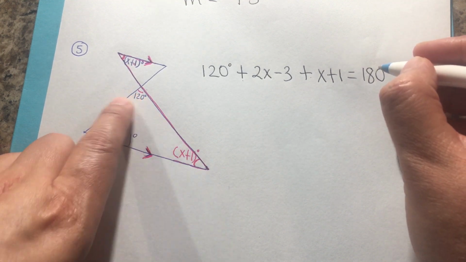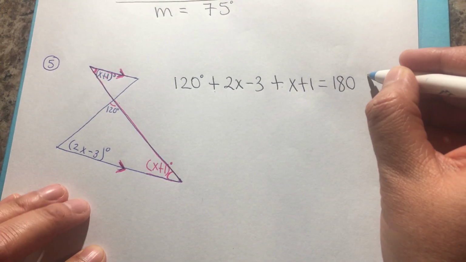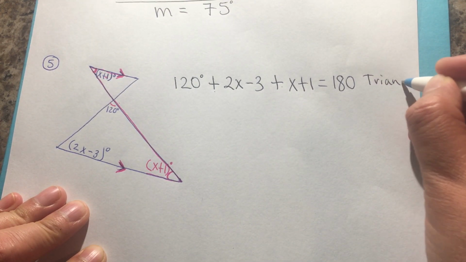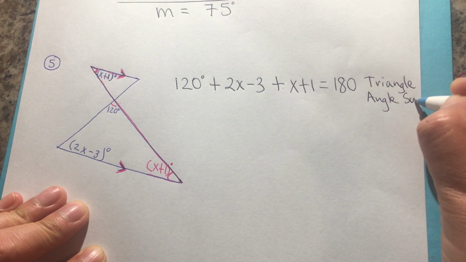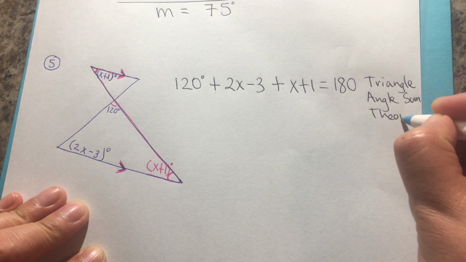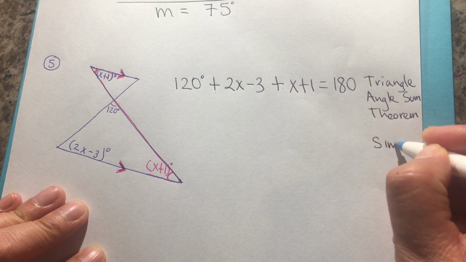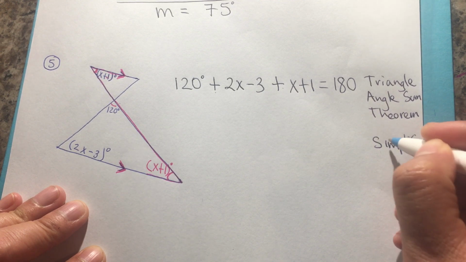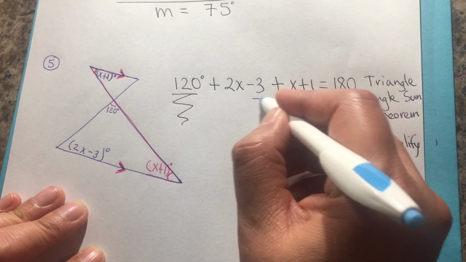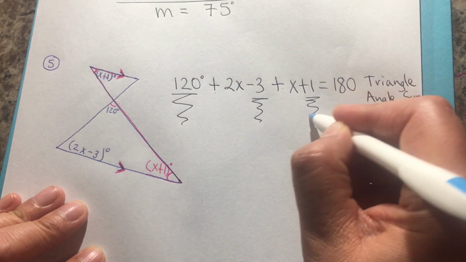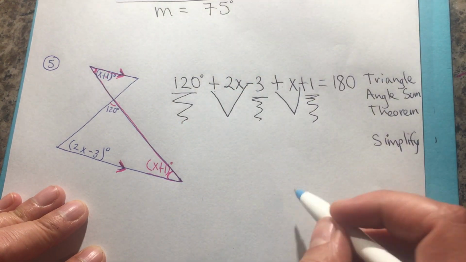Why? Because I'm adding the angles of a triangle. So again, it's because of the triangle angle sum theorem. After that, I'm going to simplify or combine like terms. Okay, so I'm going to put the constants with the constants and the variables with the variables.